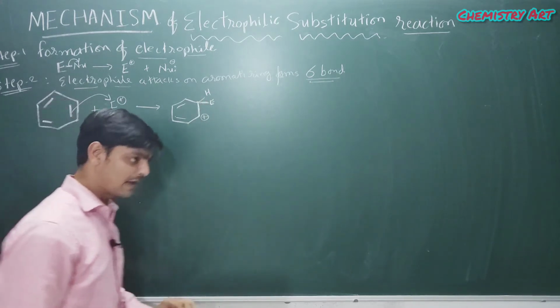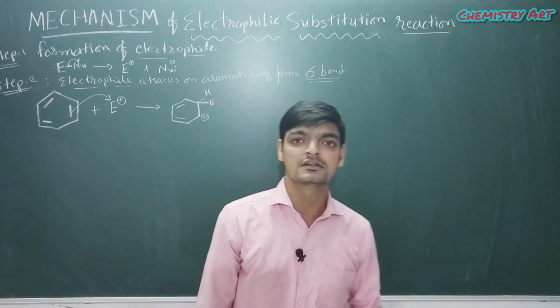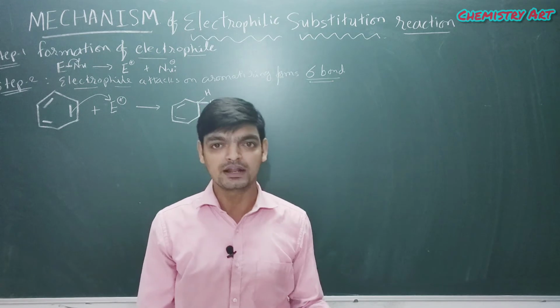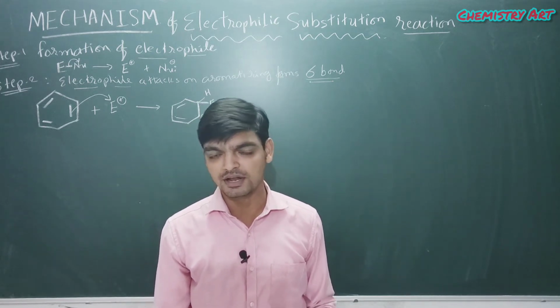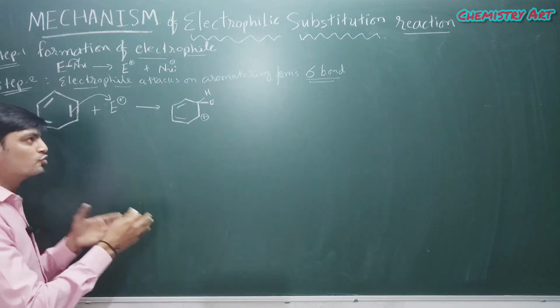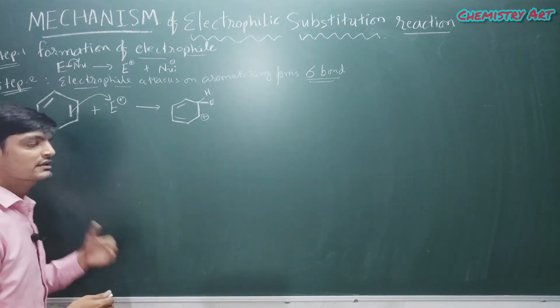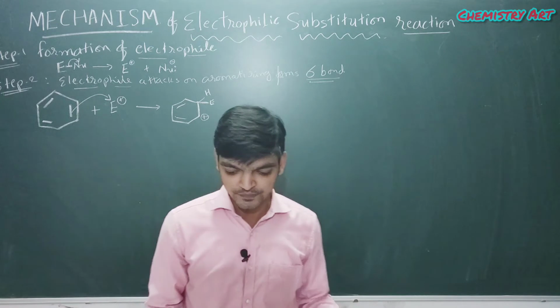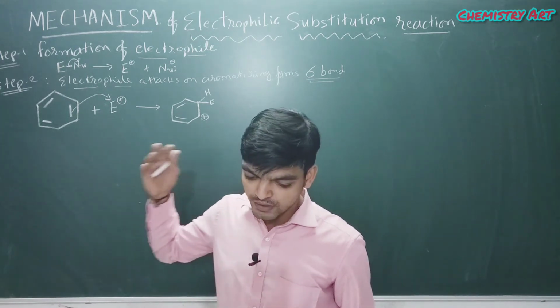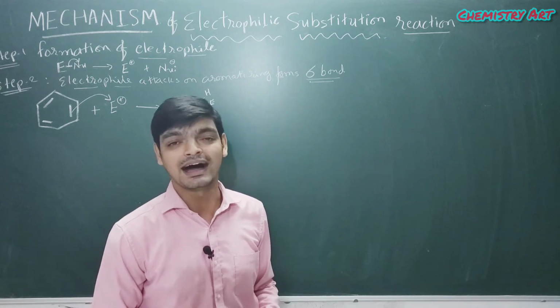And now the third step is, because this is a positively charged species, and all cations and anions are very reactive and unstable, that is why now benzene has to lose an atom, and this is the third step in which our positively charged species will lose the hydrogen.